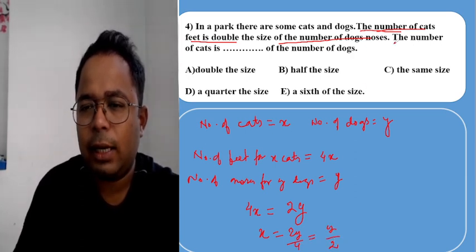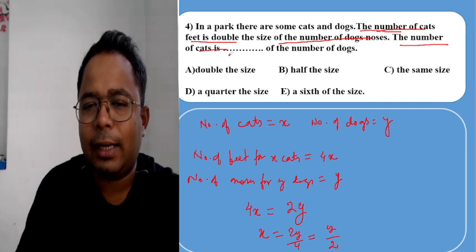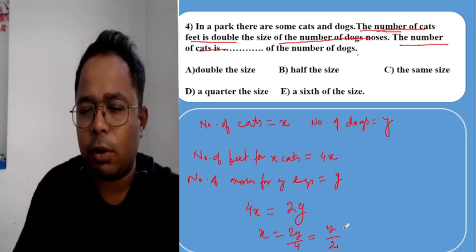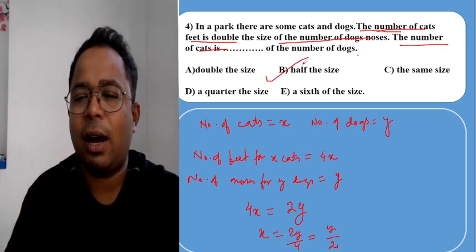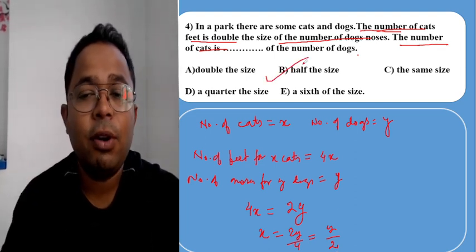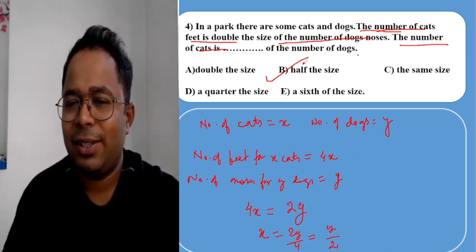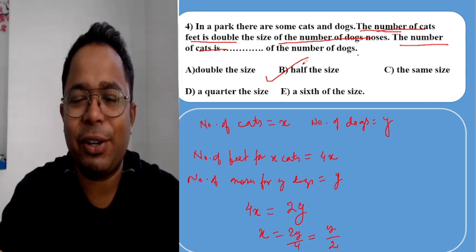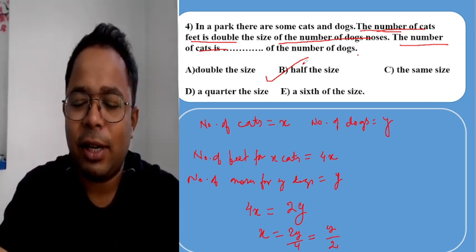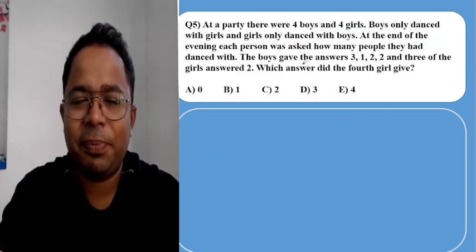So the number of cats is half the size of the number of dogs. Did you find it interesting? Yes, the questions are good and you should definitely prepare for such amazing exams.